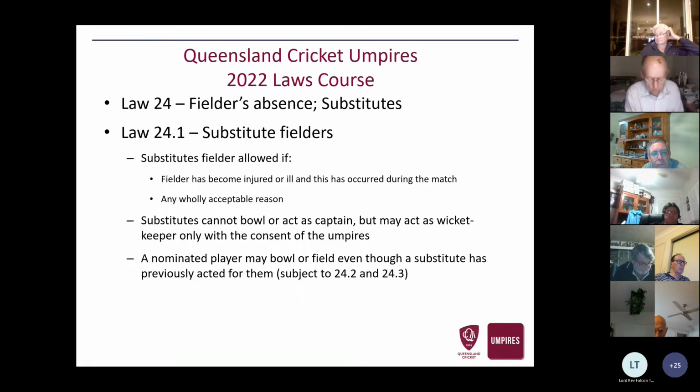Substitutes cannot bowl or act as captain, but they may act as the wicketkeeper with the consent of the umpires. Again, you need to be abundantly clear on what your playing conditions allow versus what the law allows. A nominated player, as in not a substitute, part of the original 11, may bowl or field at any later point in the match, even though a substitute has previously acted for them, subject to the next two slides.